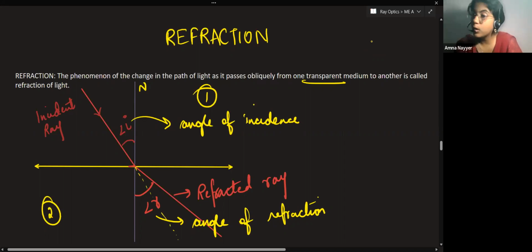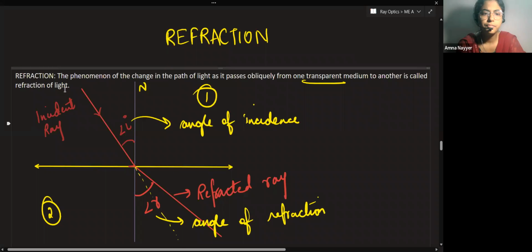The way we had two laws of reflection, what were they? Angle I is equal to angle R, and all three rays lie in the same plane. Here, one of the laws will remain the same. The incident ray, the normal, and the refracted ray all lie in the same plane.